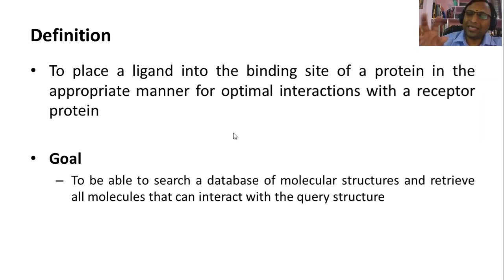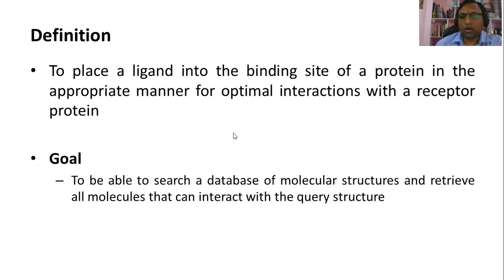So to place that ligand into a binding site. Binding site means a place where it has activity, where it has the angle, where it has the degree, everything. So this is an active site where this ligand will come and bind, so that when the optimal interactions take place with this receptor protein, they will have their action.